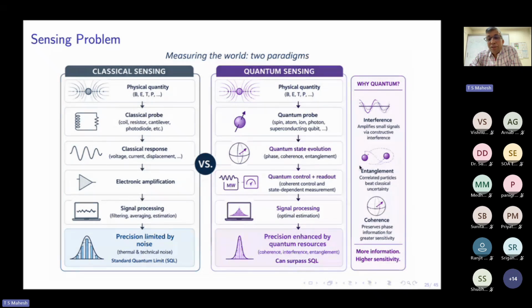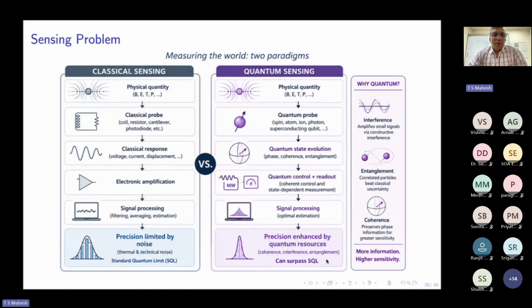And of course, if you take many-body quantum sensing, there is also entanglement that plays a crucial role. And these coherences, including this entanglement, allow you to get better precision. In fact, you can surpass the standard quantum limit and you can go to a new limit called the Heisenberg limit.